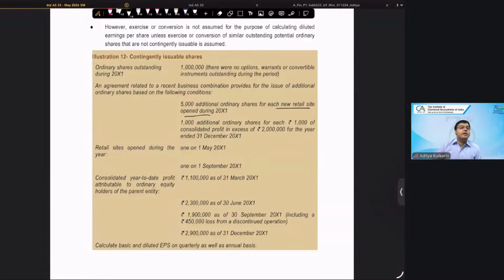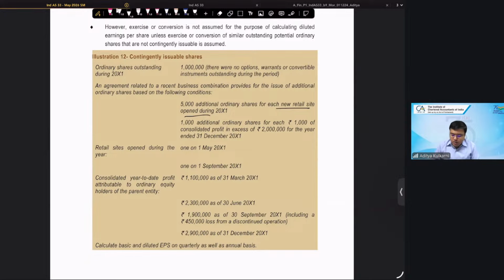It is just opening of the site which is essential. After that, whether the site is there, not there, closed, demolished, destroyed, anything, not considered. Once opened, 5,000 shares will be given. And this is 5,000 shares without consideration.